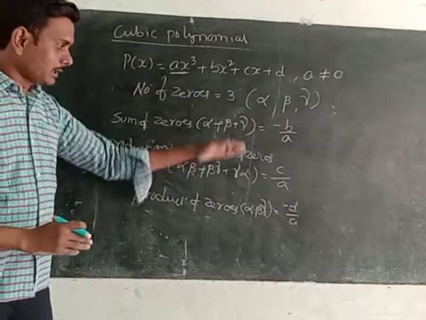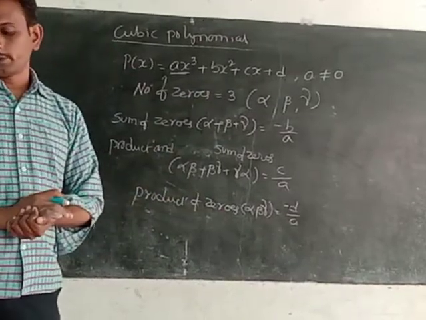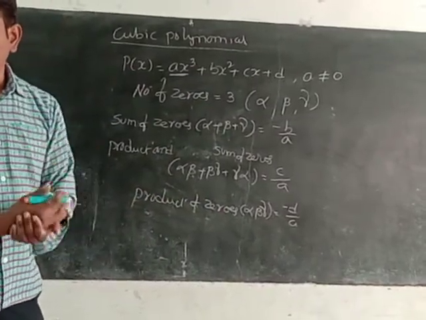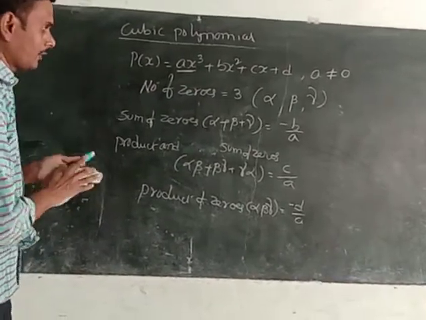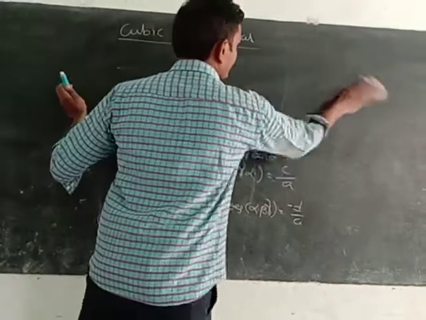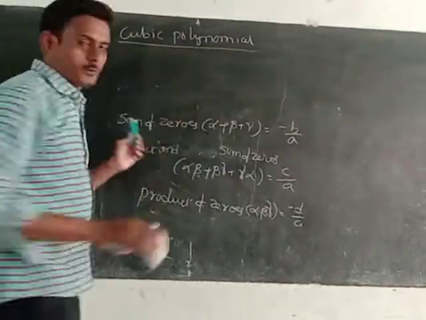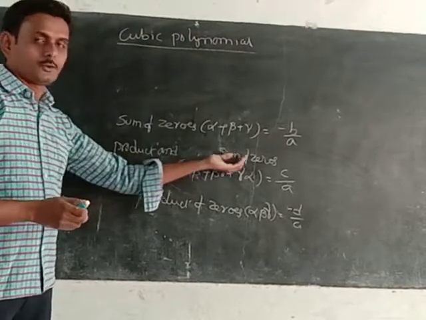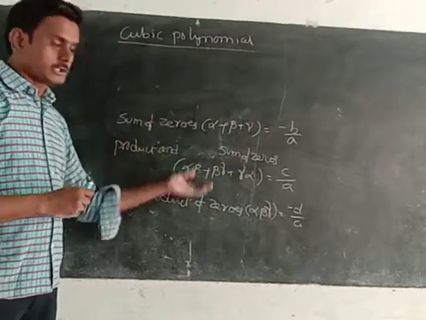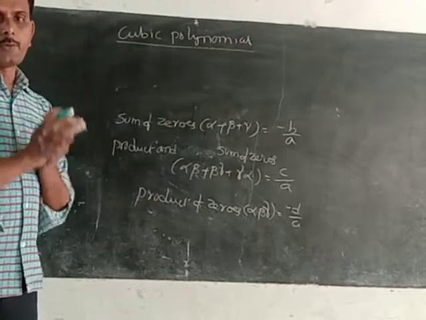By using these 3 relations, we can prepare the cubic polynomial. If you want to write a cubic polynomial, what is the condition? If you know the sum of zeros, the sum of products of zeros taken two at a time, and the product of zeros, by knowing these 3 we can prepare the cubic polynomial.